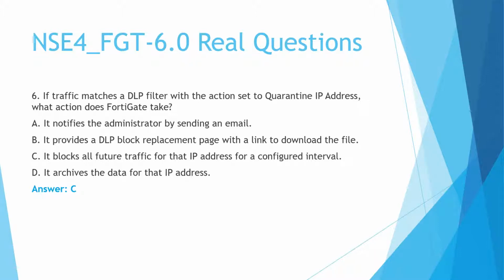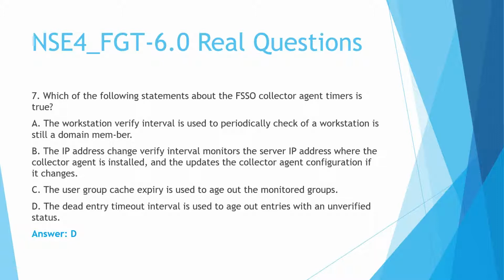Answer, C. 7. Which of the following statements about the FSSO collector agent timers is true? A. The workstation verify interval is used to periodically check if a workstation is still a domain member.